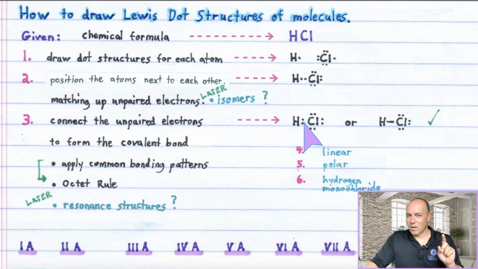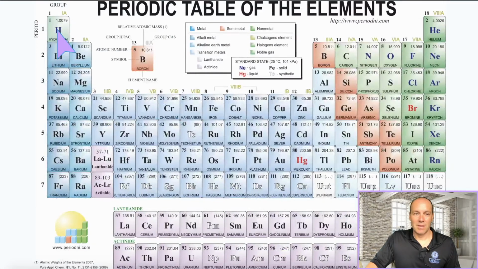Now let's just recall the bonding principle for a second. You remember atoms like to share electrons in order to achieve a filled valence shell. You see, before it did this, hydrogen only had 1 electron, but now it has 2. And that makes it like the noble gas helium with 2 electrons. Helium has a filled first valence shell, okay?